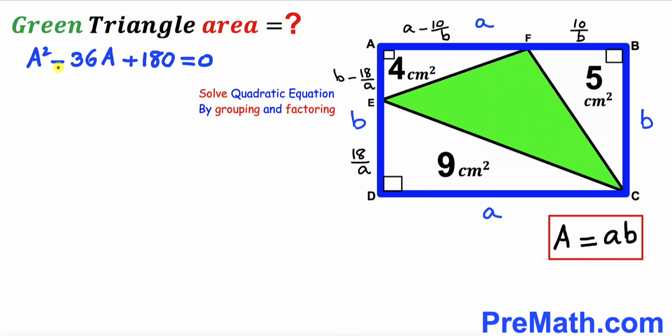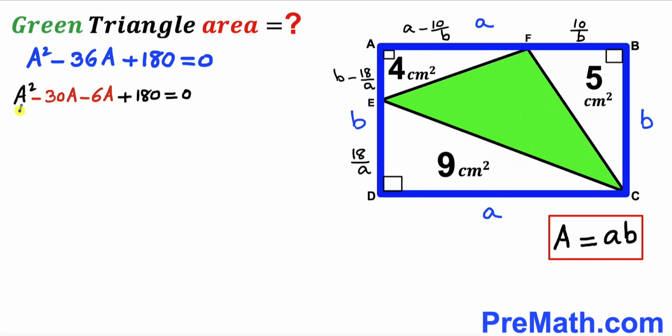So therefore we can tweak this middle part as negative 30 times A minus 6 times A. And we can see that negative 30 and negative 6, if we multiply them, is going to give us positive 180, which is the same as this constant, as you can see in this next step.